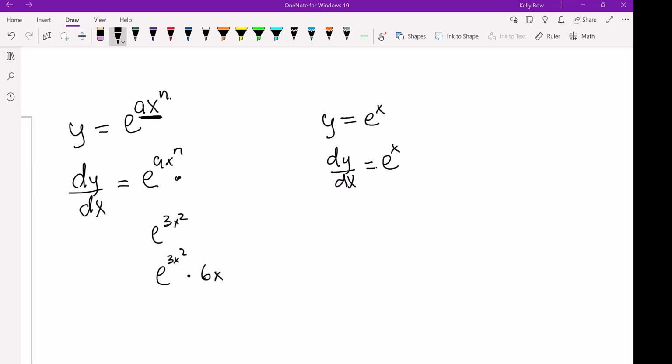So when you simplify this, each time you should be writing this. That's best practice. The 6x would come in front, and that's what it would look like.